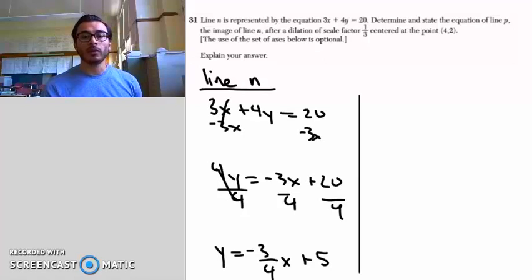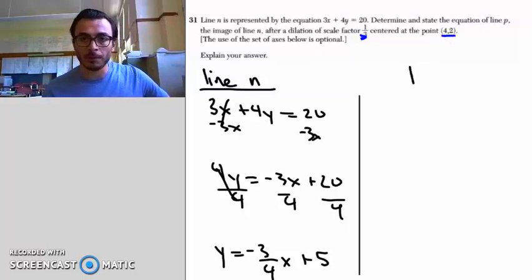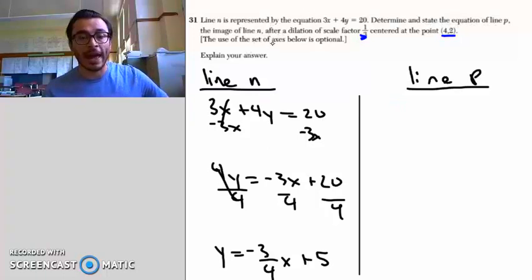Now, what are we doing to line N? Well, it says that it's being dilated by a scale factor of 1/3 centered at the point 4, 2. So line N is what you're starting off with. Line P is what we're looking for. But how do we get from line N to line P? It says that line P is the image of line N after a dilation of a scale factor of 1/3 centered at the point 4, 2.